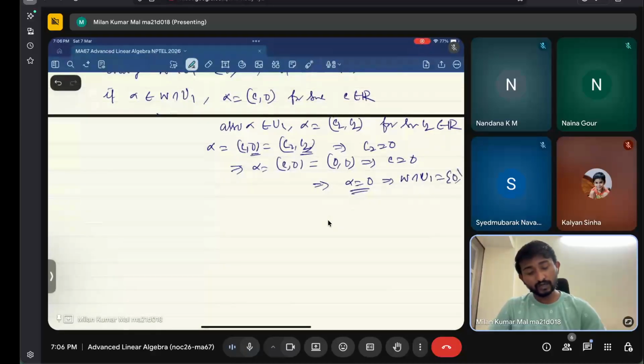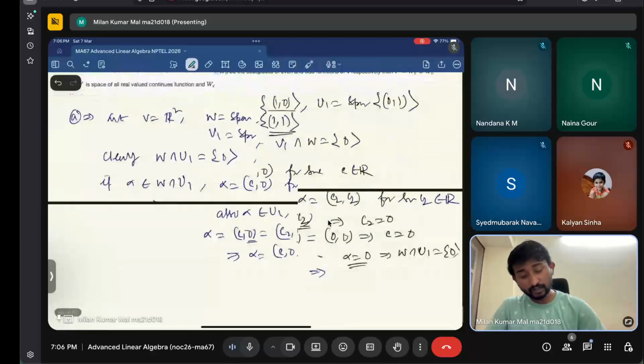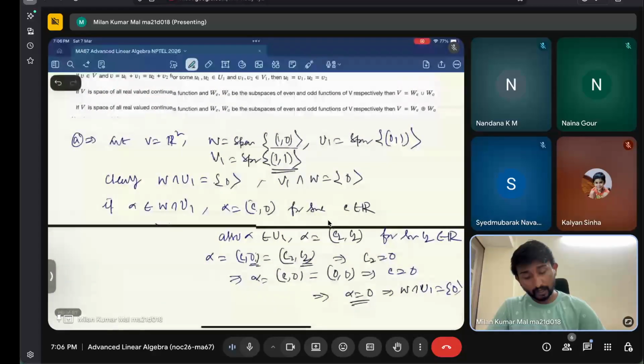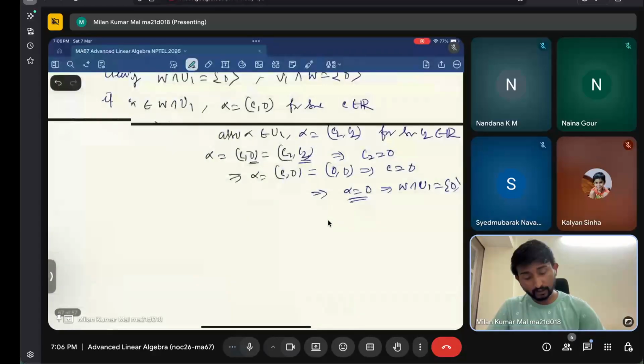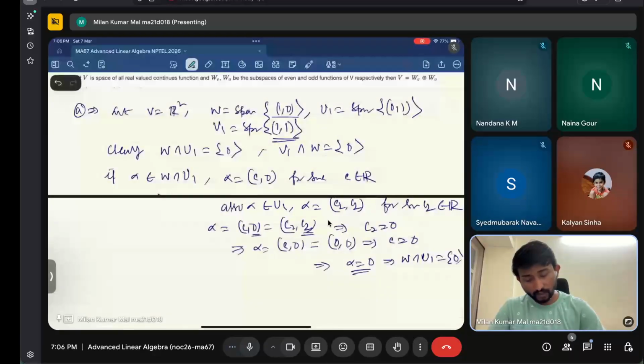And similarly, you can check that W intersection V1 has to be 0. I have checked it with V1.